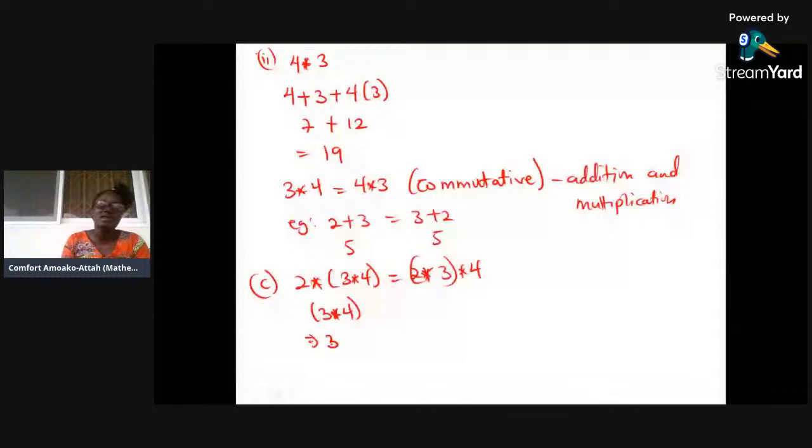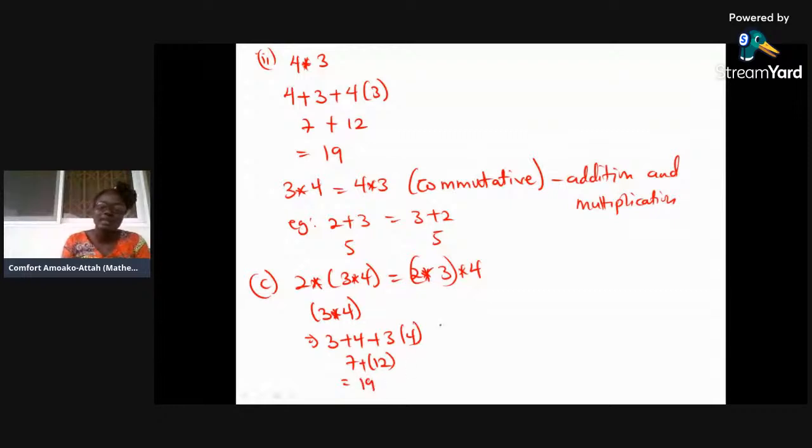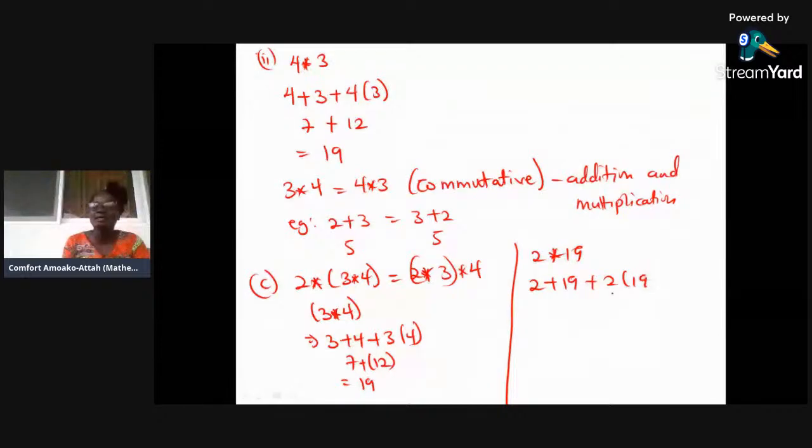So this will give us 3 plus 4 plus 3 times 4. So 7 plus 12, which is giving us 19. When you get the 19, you now add it up to the 2. So this will give us 2 star 19. So we have 2 plus 19 plus 2 times 19. So this one will give us 21 plus 38. So adding up, we are going to get 59.